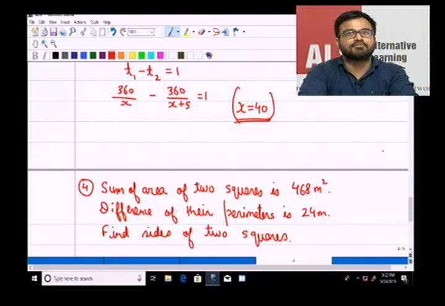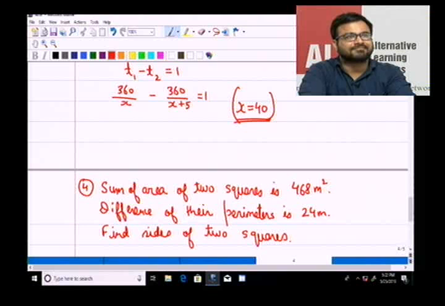What is the answer now? Shillong Center, you have to do it on your own. Try it. Rest of the centers have given the answer 40. Now it's a challenge for you.